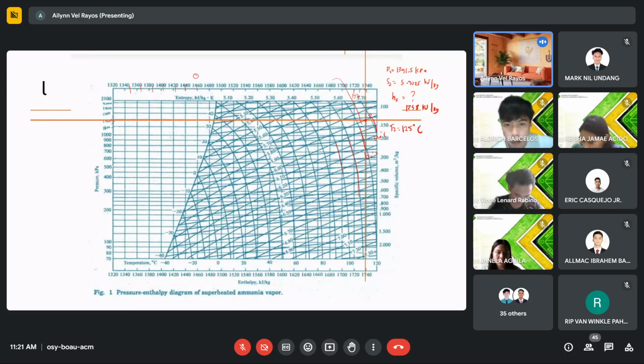Tapos pa-share ako ng sagot sa GC. So, tama yung mga sagot na nabanggit ninyo. Ayan. So, kung halimbawa gusto nyo makita yung solution, you can base dito sa nasa GC. So, tama. Okay, clear ba tayo?